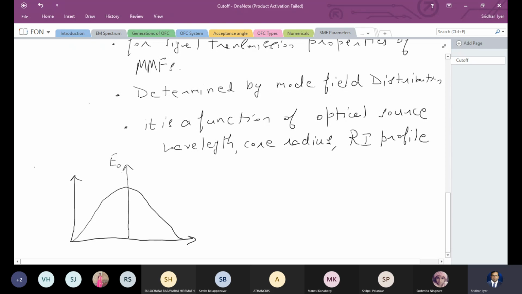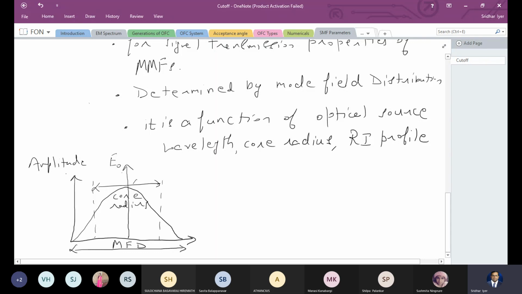The y-axis is going to be the amplitude, so E naught is the maximum amplitude that you get at this point. This is the core radius, and this entire distribution here is the mode field diameter.